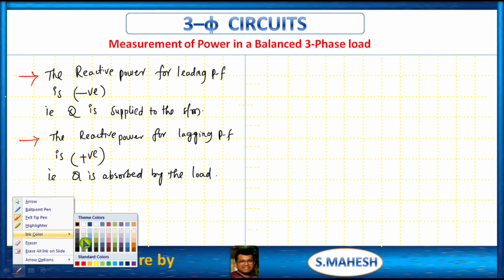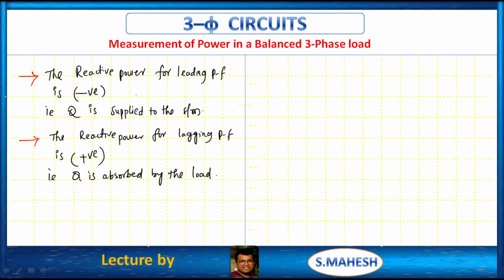See, what is the reason here? Since S equals P plus jQ in this case, right? Do you remember? So this is the concept. For leading, Q is negative, for lagging, Q is positive. Therefore tan phi is equal to reactive power by real power.